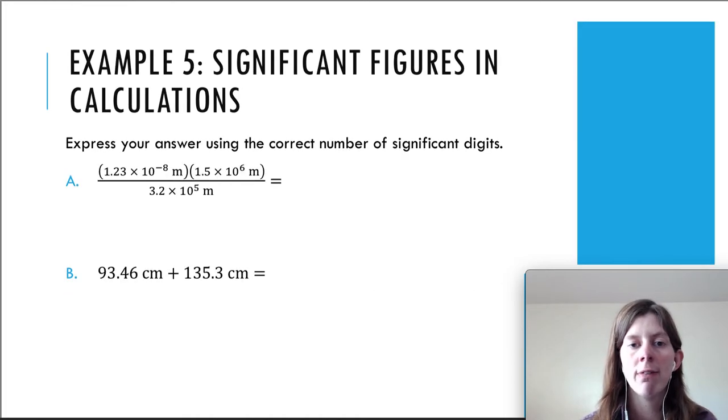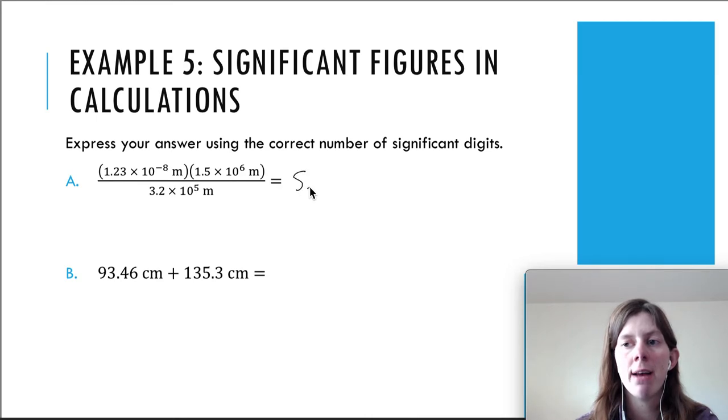And I have one final example here. Express your answer with the correct number of sig figs. So the first one here, you want to put it in your calculator. When you put it in your calculator, you're going to get 5.76563 times 10 to the negative 8.